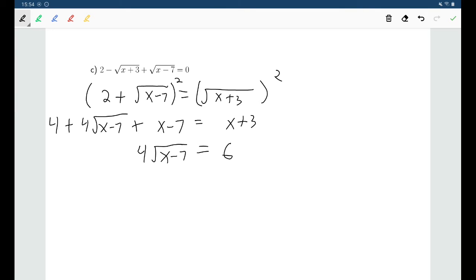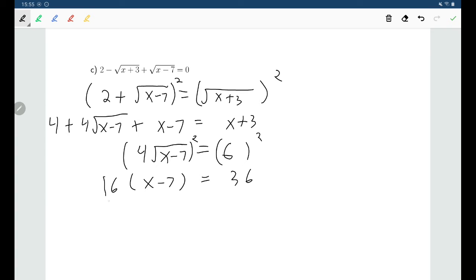So now I basically just need to repeat the process. I'm going to need to square both sides. So on the right side I'll have 36, and on the left side I'll have 4 squared times x minus 7.